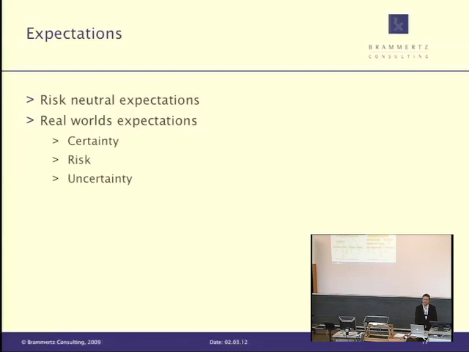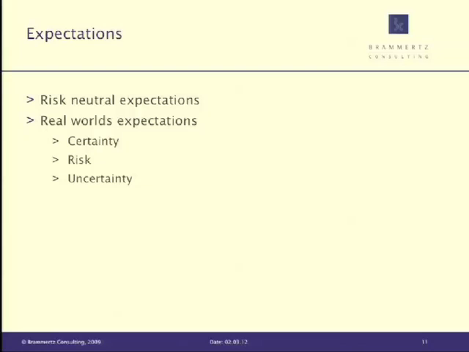Now, concerning expectations, we have a little bit like a continuum. So we have on one hand the risk-free world, the certainty, where we know what is happening. So this is the world we really like, actually. But then we have what we call risk, and then we have what we call uncertainty. It's a philosophical discussion, and some people say there is no distinction between risk and uncertainty, and some say, I prefer to think there is some difference.